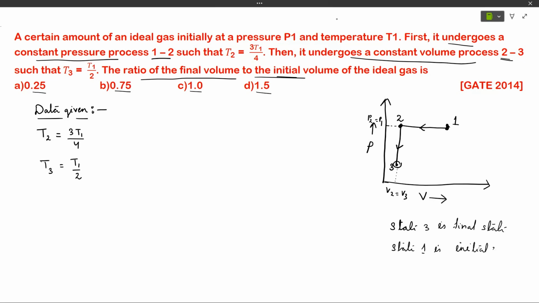So we can say that V3 is the final volume and V1 is the initial volume.